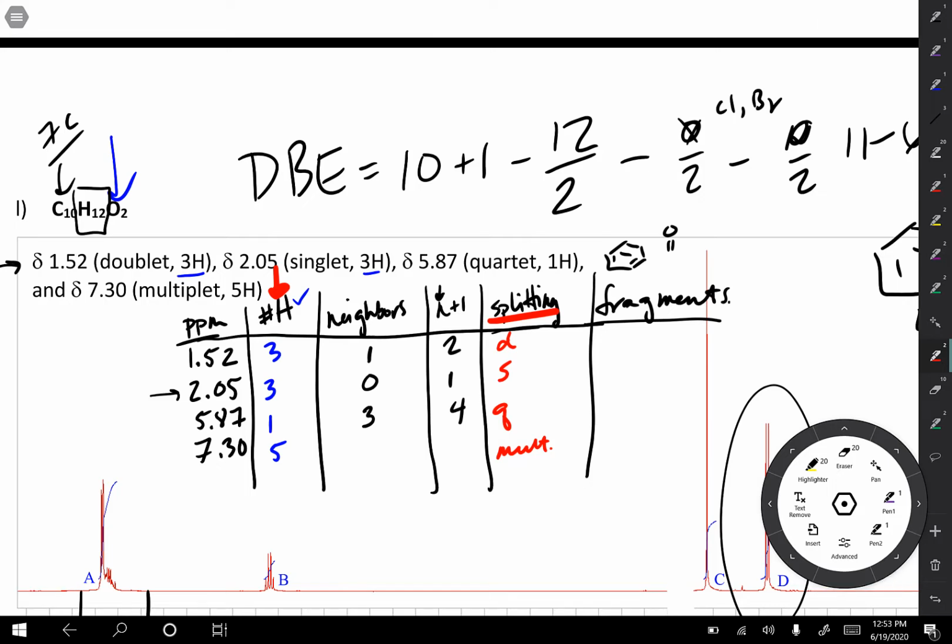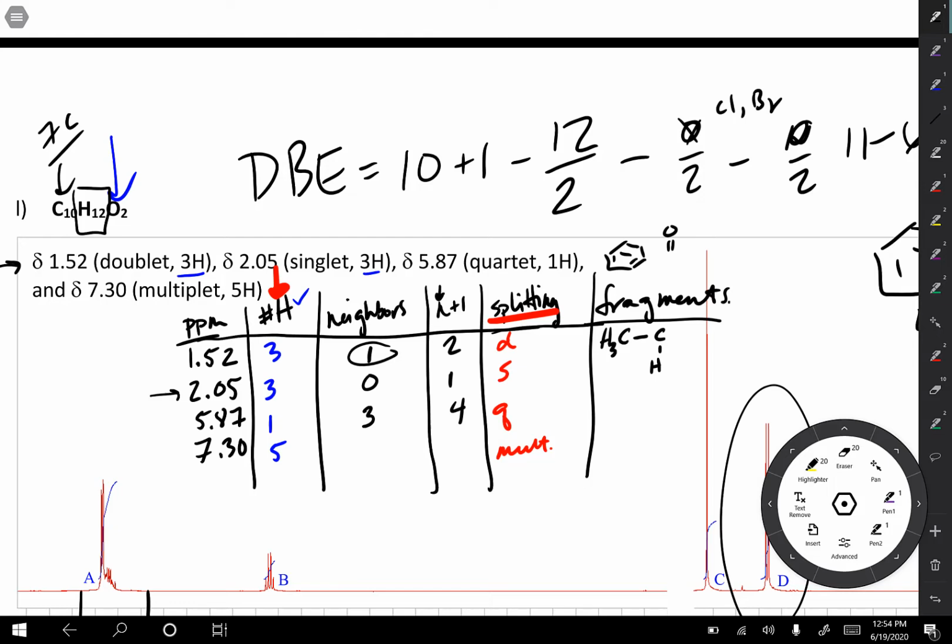This 1.52 has 3 hydrogens. In order for 3 hydrogens to be equivalent, what would that fragment have to be? You're right, it'd have to be a CH3. And it's going to be bound to, well, how do I know what it's bound to? Well, how many neighbors does it have? It has 1 neighbor. That CH3 is bound to a carbon with 1 hydrogen.